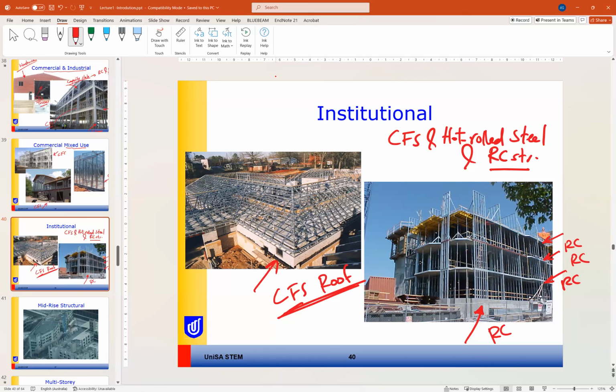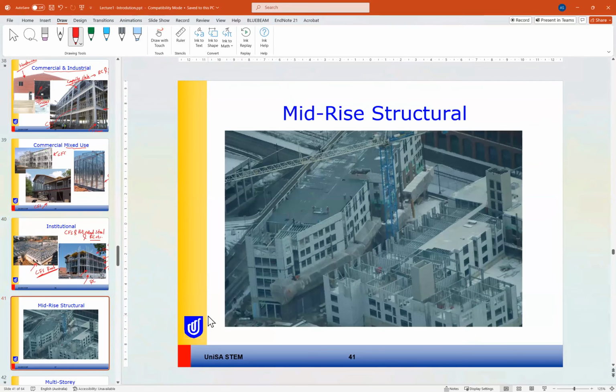Okay. The color may be hard to see clearly, but we have some studs here. So the studs are from cold formed steel. So you can use a mix of materials in your design.